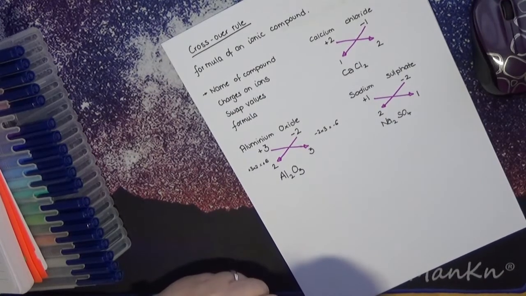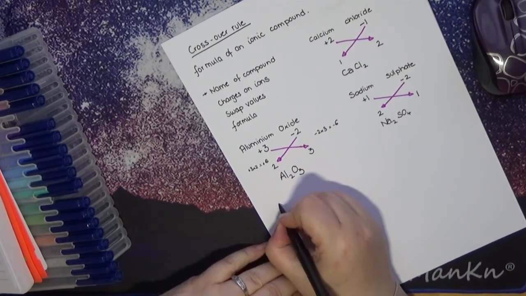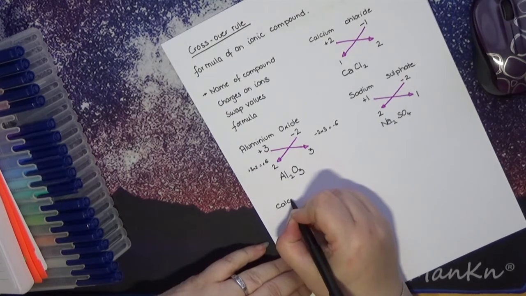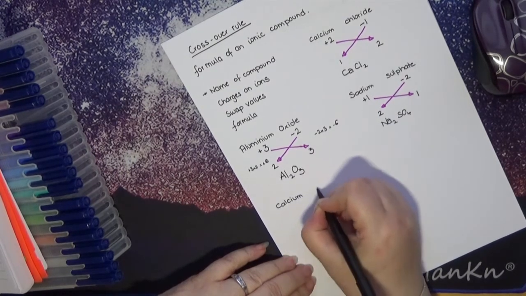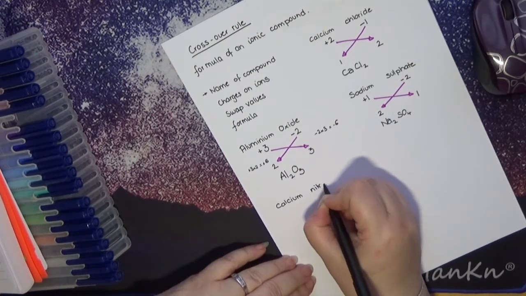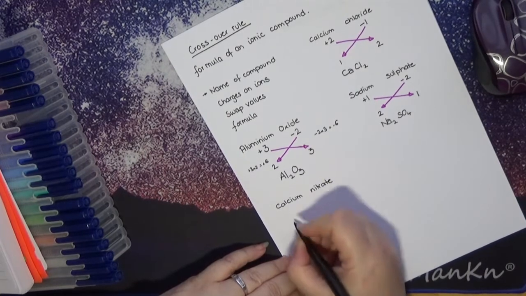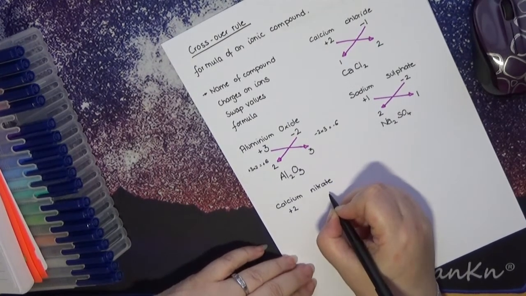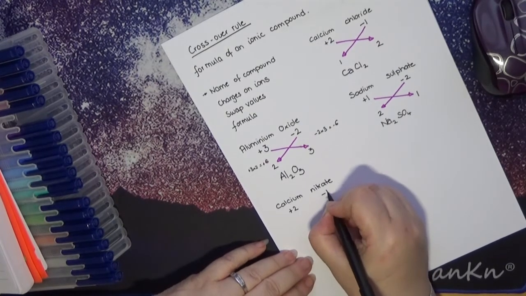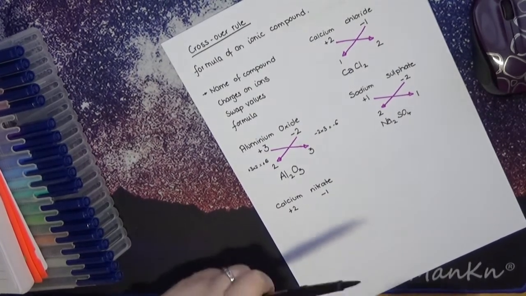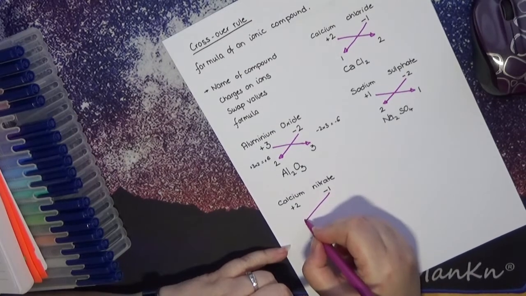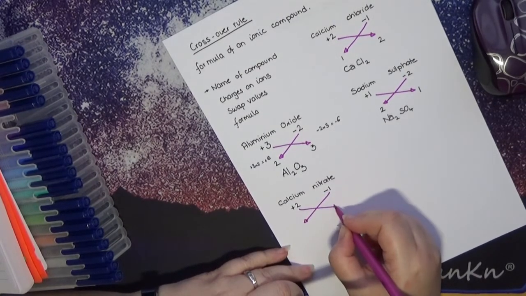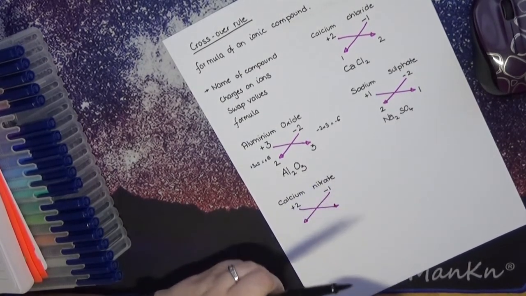A little bit further on, let's try calcium nitrate. So calcium, nitrate. Calcium, group 2, +2. Nitrate, NO3, and it's got a -1 charge. So again, swapping our numbers over, 1 goes that way, 2 goes that way.